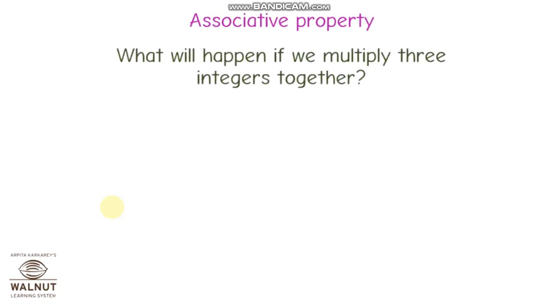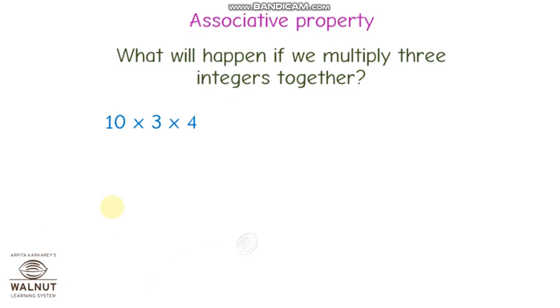So next we move on to the associative property. Before that, just recall the associative property under addition of integers. What happens when we multiply three integers together?